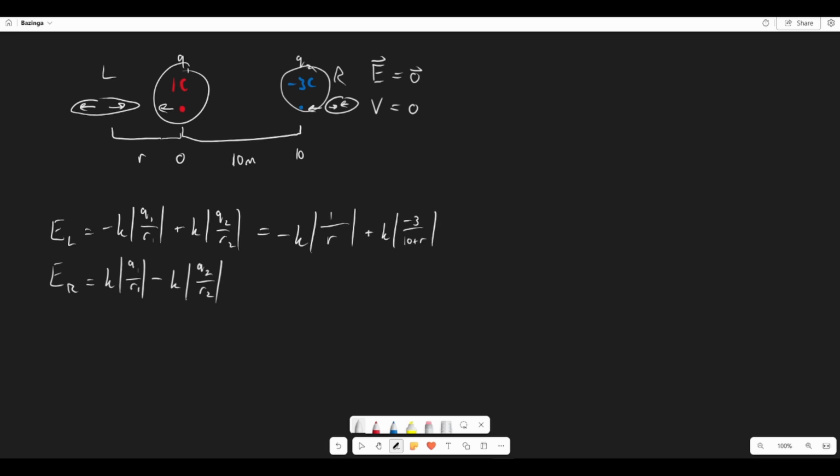Here I'm substituting in the charges, and then for the distance of the first charge, it is just R. And for the distance of the second charge, it is this 10 meters plus R. If I let R always be positive, I can drop the absolute value sign and obtain negative K by R plus 3K by R plus 10. And I forgot to mention, but these are R squares, technically. So I should put parentheses around these and square it.